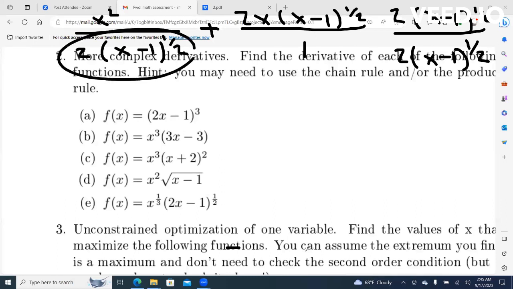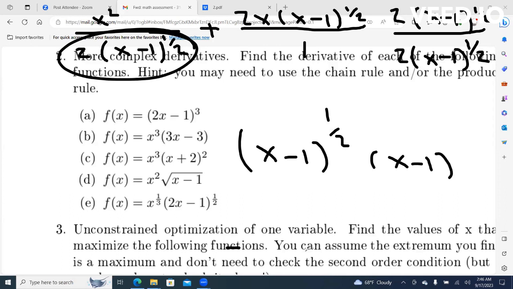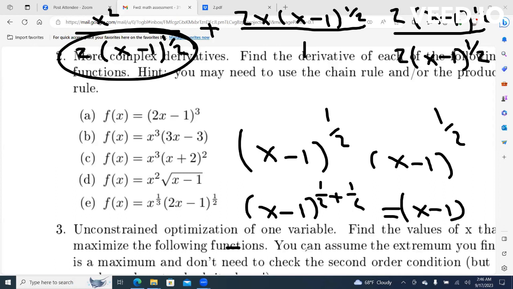If that's the bottom of a fraction, you multiply top and bottom by that, and now we have the common denominator. What is x minus 1 to the 1/2 times x minus 1 to the 1/2? It's x minus 1 to the 1/2 plus a half, which is x minus 1 to the 1. So we have things like that everywhere.